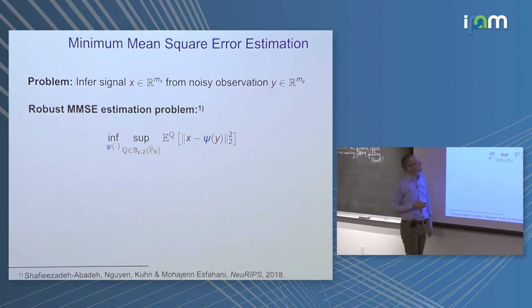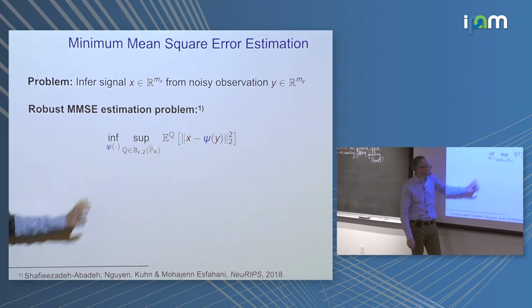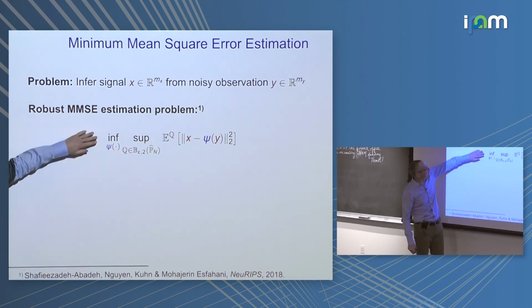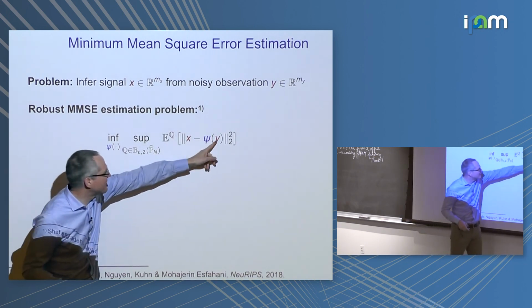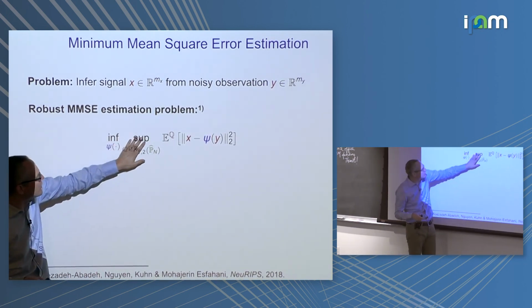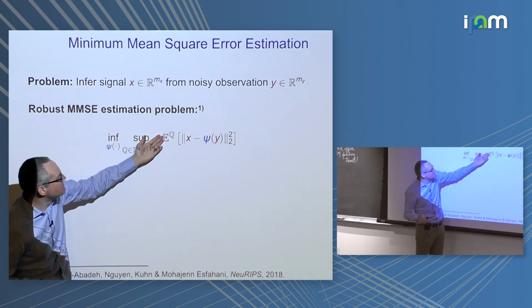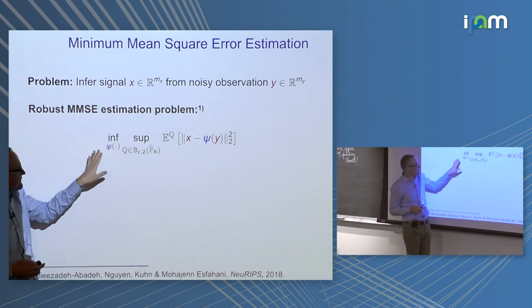And then we can formulate a distribution robust mean square error estimation problem like this, where we basically try to find an estimator, psi, that's just a measurable function that maps observations to predictions, that minimizes the worst case mean square error, basically, right? And this is an infinite dimensional problem.